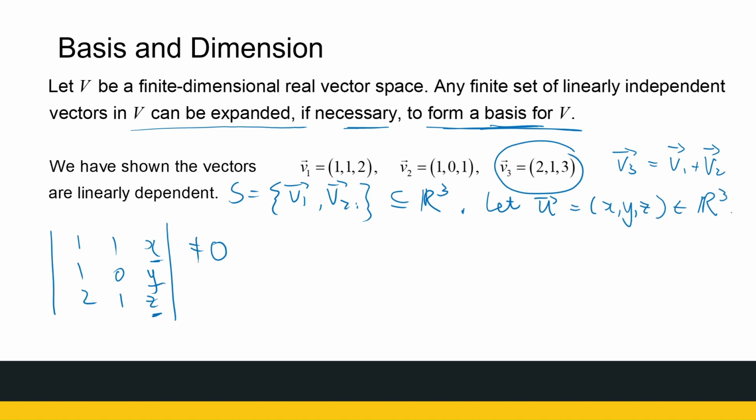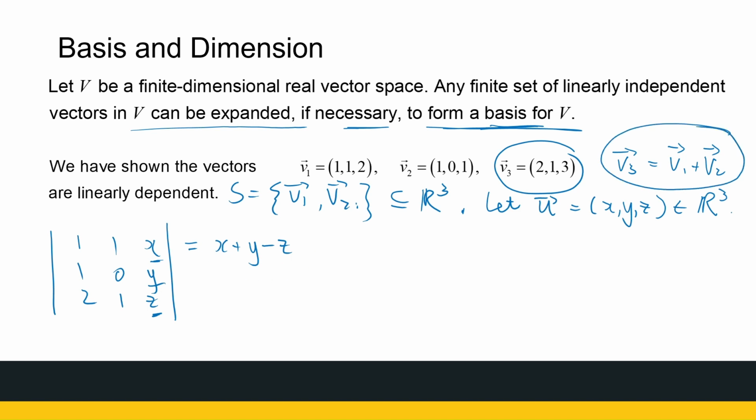All right, so let's see what this determinant is. Before we set it non-zero, let's see what this determinant is. You can use cofactor expansion along any row and column. Take time, do that, make sure you can get the determinant right, and you will get to x plus y minus z.